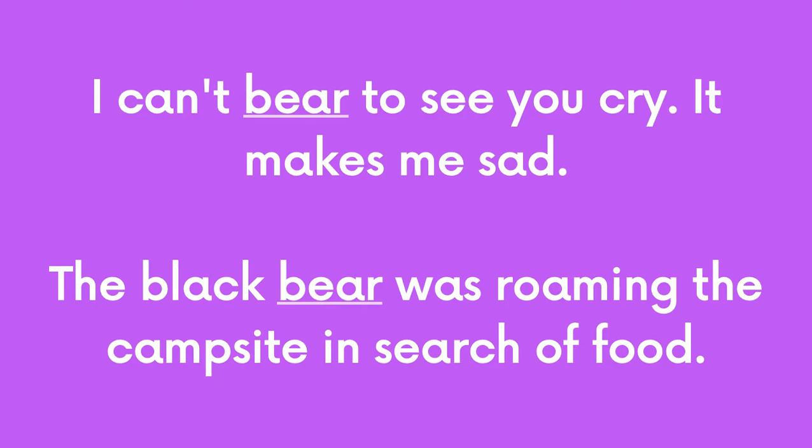Now, there is also another word for bear, and I'm not going to talk about it too much this week because it has a different spelling. So we have bear, B-E-A-R, like that we're talking about right now, but there is also a bear as in B-A-R-E.